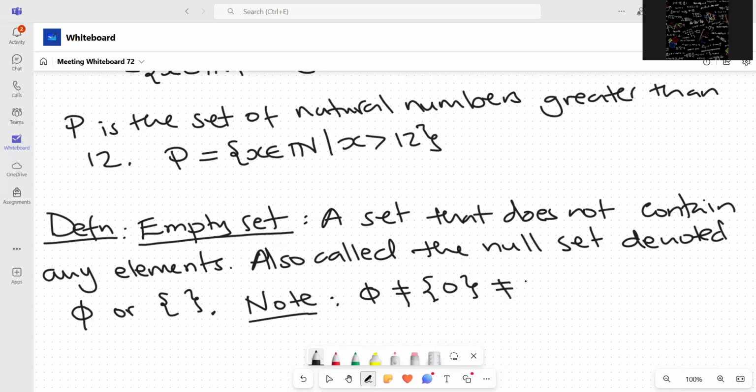This is also not the same. We can have a set within a set. This set here contains the empty set. The set is not empty, it contains an empty set. Think of it like a box, and inside that box you put an empty box.